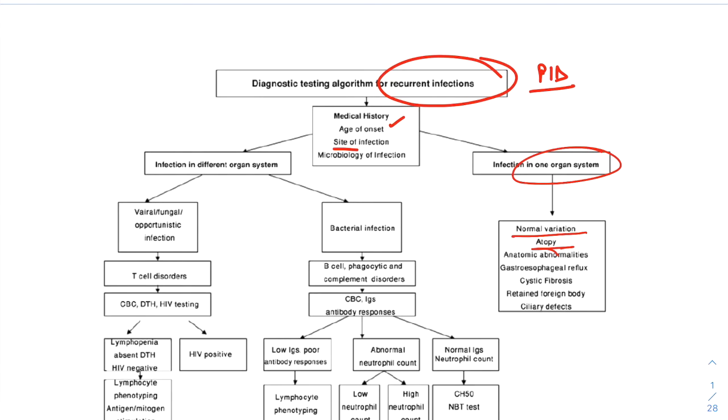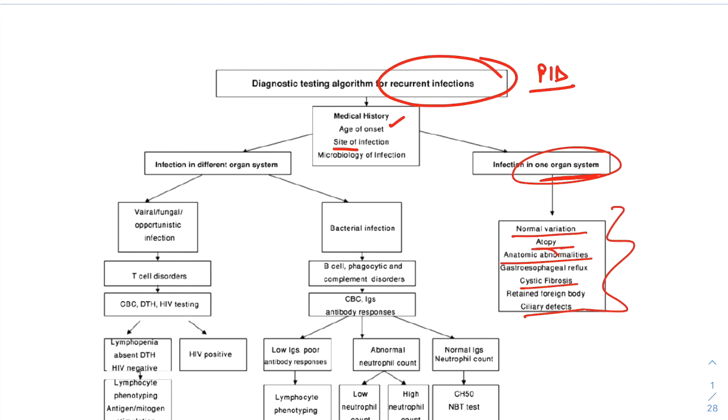Or because of anatomic abnormalities like tracheoesophageal fistula, which can cause recurrent pneumonias, or diseases like cystic fibrosis, or ciliary defects. So these will cause recurrent infections in one organ system.